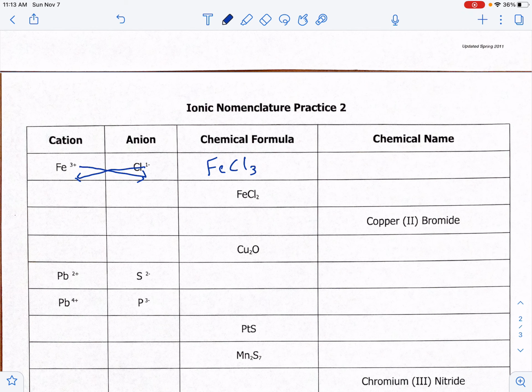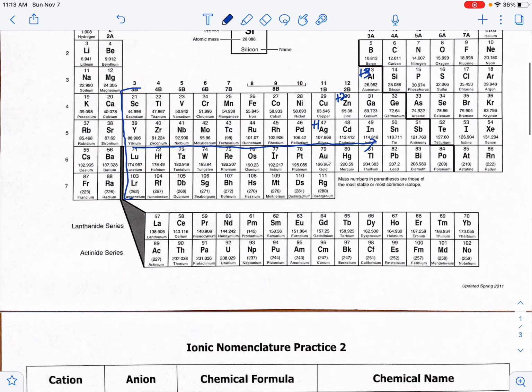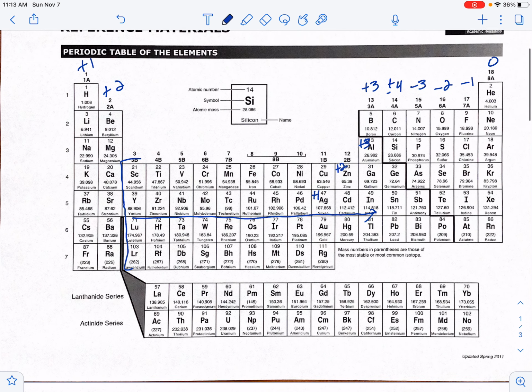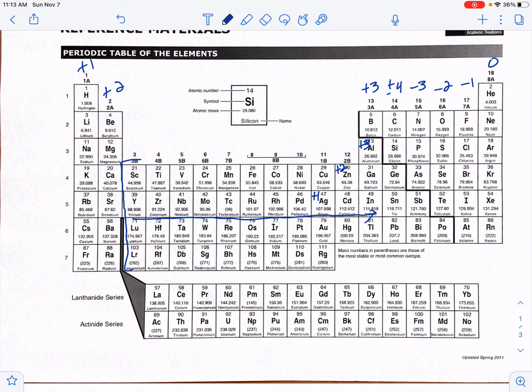Now when we get to our names, one of my first things is when I get to a name, I always check, is this a transition metal? Is it in anything from 3B over to the staircase? Remember, groups 1 and 2, this giant section right here, do not need a Roman numeral because they're always the same, +1, +2.